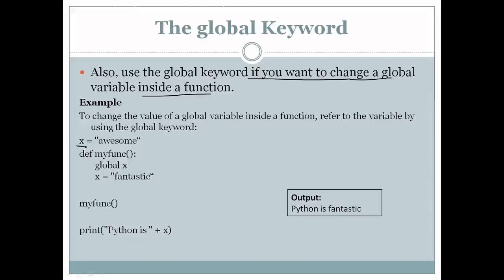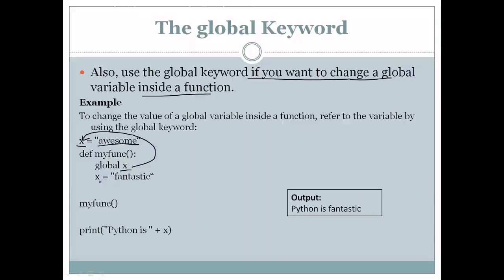So we have variable x which is declared outside the function, so it is a global variable having value awesome. Then in the function my function, we have declared global x. We are trying to declare a global variable x, but as x already exists, this x simply points to this x which is defined in the global scope. So we can have only one variable in the global scope having the same name. So this x is the same as we have declared in the global area.